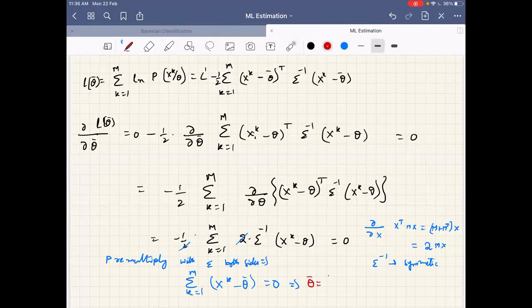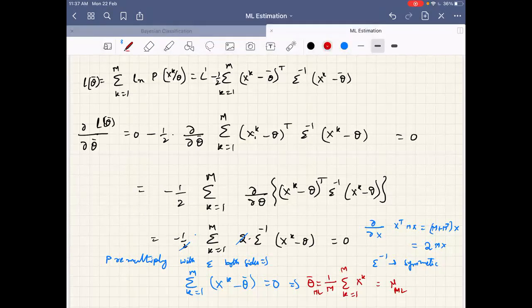Theta bar is equal to 1 by m times summation of xk, k equal to 1 to m. So what essentially is this ML estimate of mean? Just a vectorized sample mean of the samples. Okay, fine. So that's what I got.